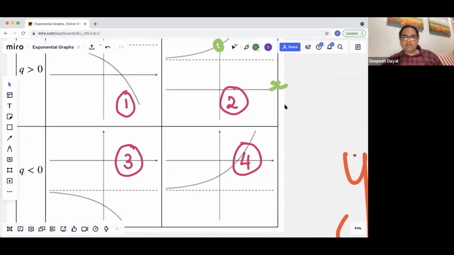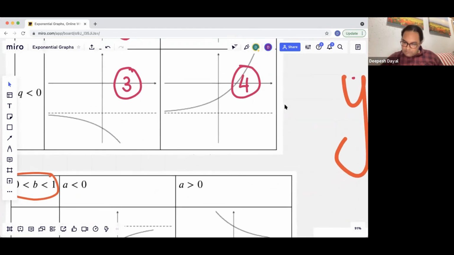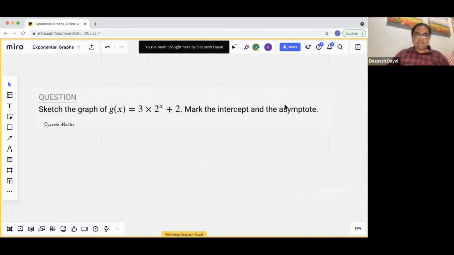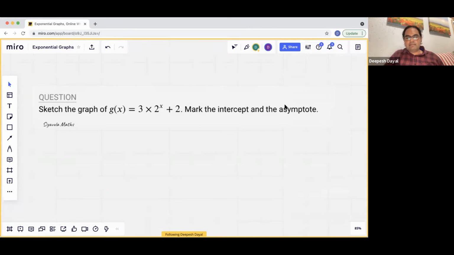Okay, so let us try the next one. I'm going to give you the next one to try. Just give me a second, let me find it for you. We've got this one. Sketch the graph of g(x) equals 3 times 2 to the x plus 2.